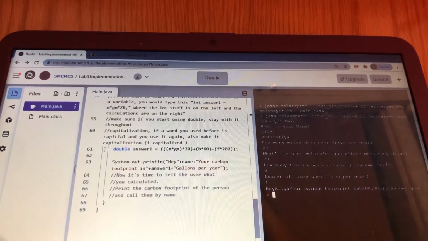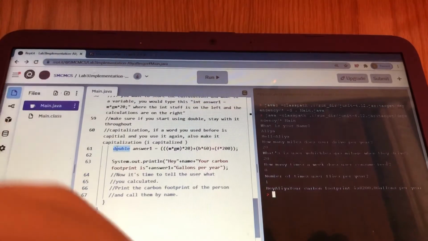All right, so line 61, I write out double answer1 = (((m * gm) * 20) + (b * 60) + (f * 200));. So that line is the calculations right there.